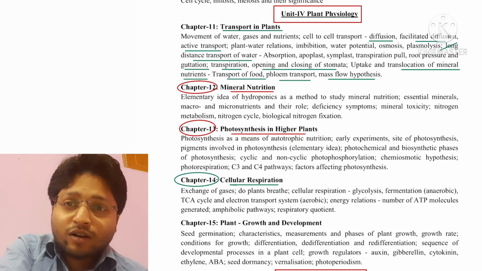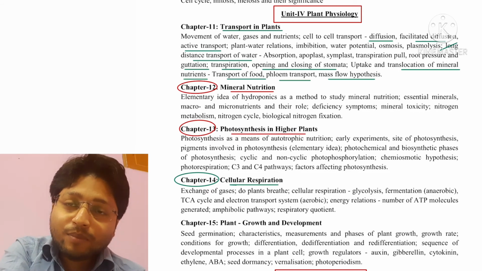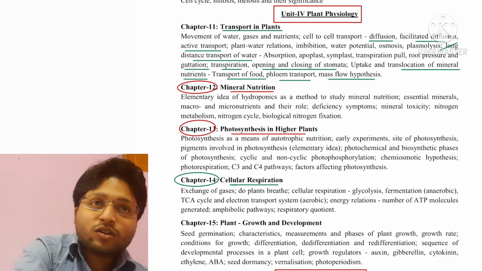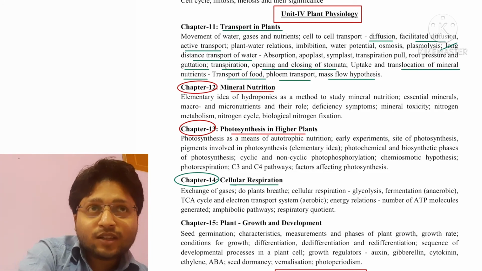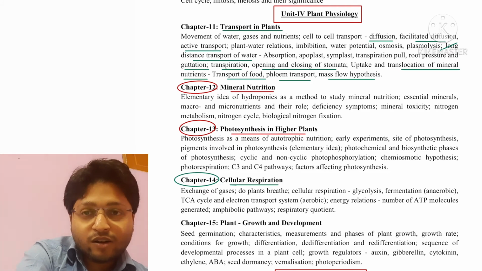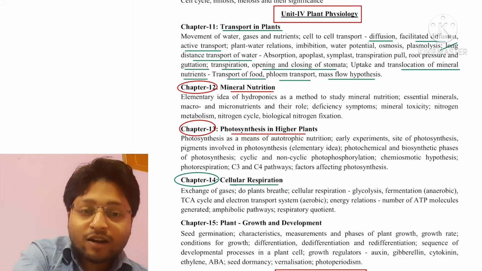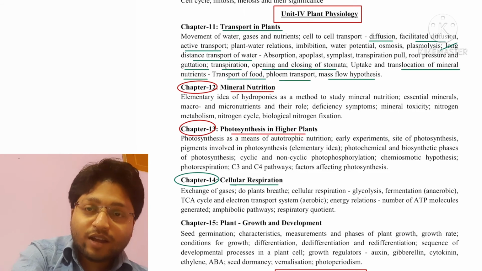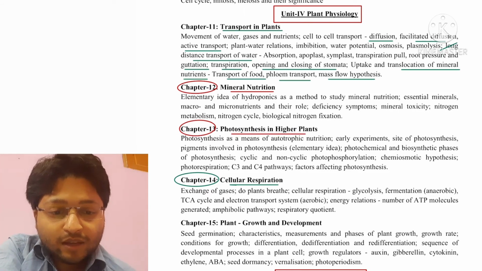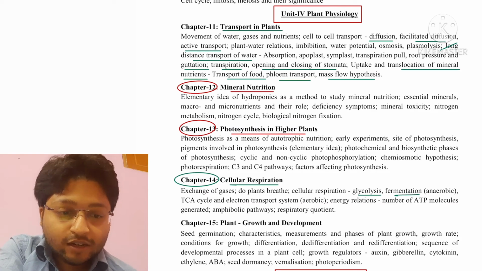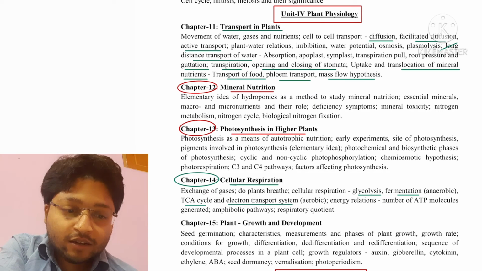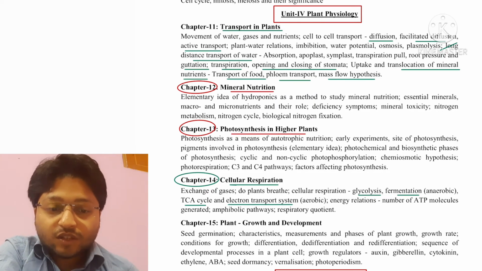This is not only present in plants, but it is also applicable to animals also. But here this chapter is included under the plant botany part. Okay, so in this chapter you will learn about glycolysis, fermentation, TCA cycle, electron transport chain, etc.